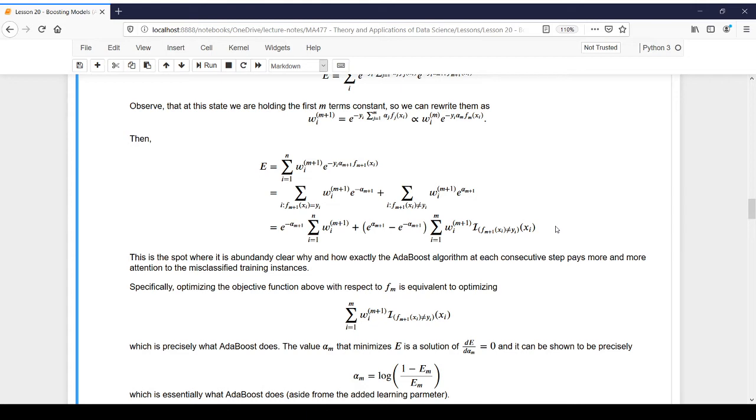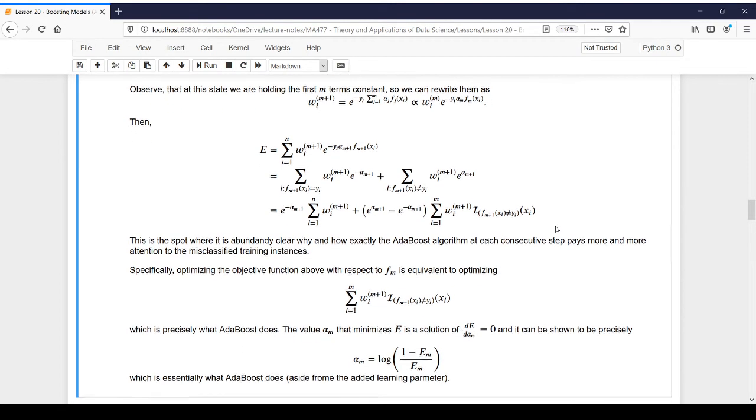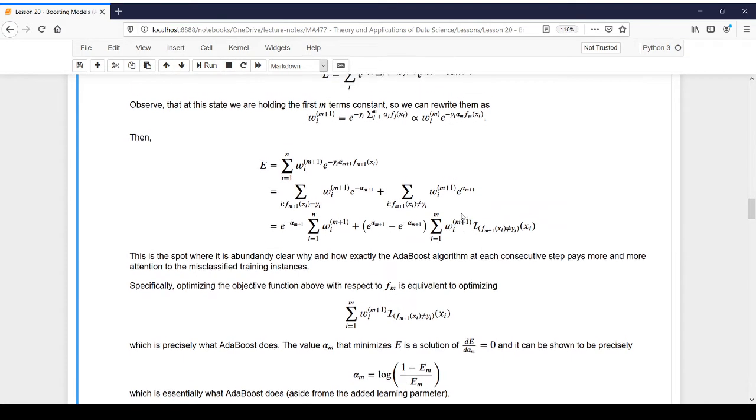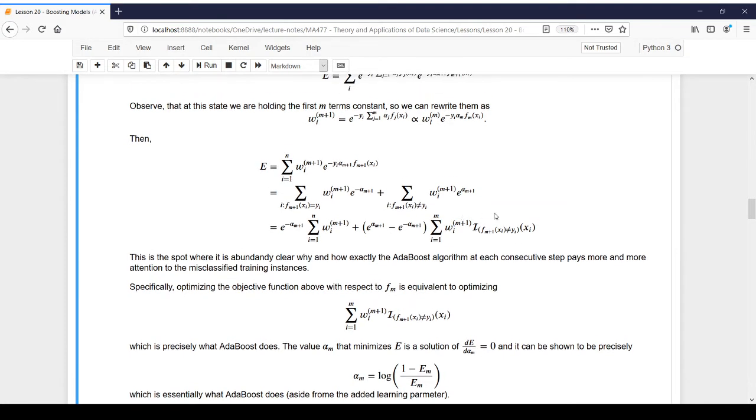Why is this the highlight? Because here it becomes more or less clear why f_{m+1} will try to optimize, or pay more attention, or try to do better on the training samples where the previous classifier did worse.